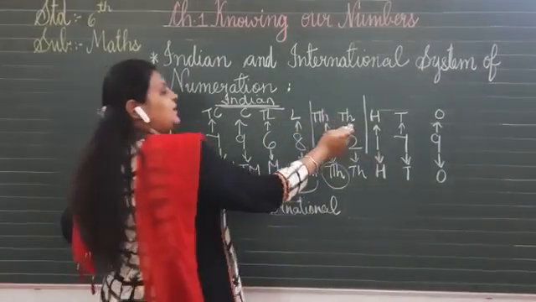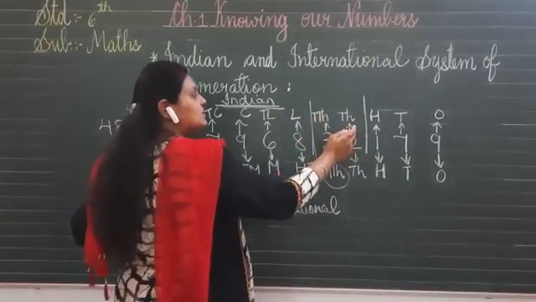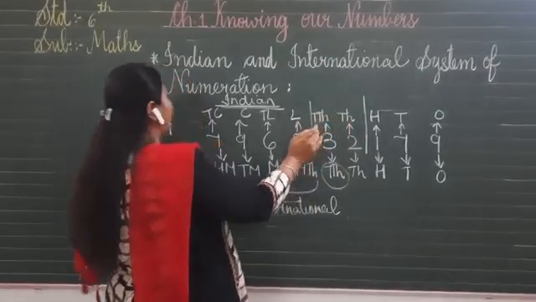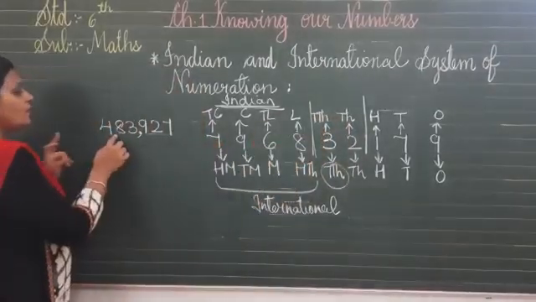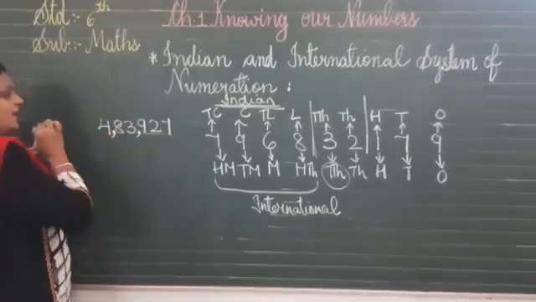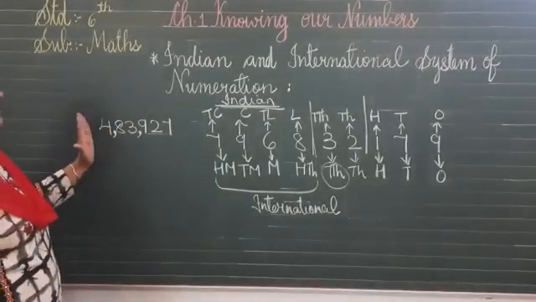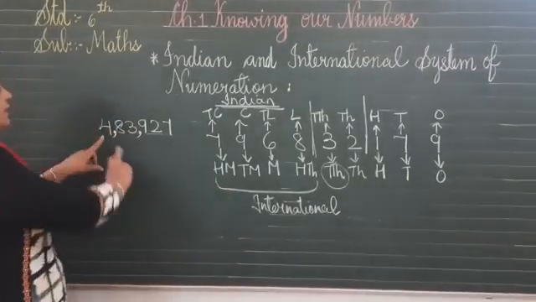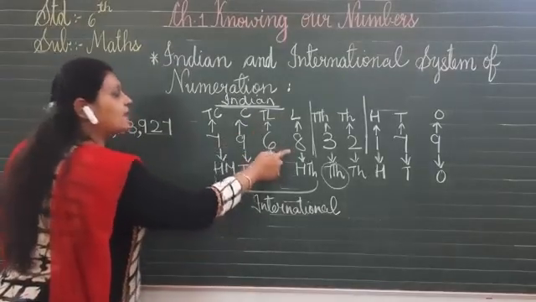Then the second period is of thousands, which includes 1000 and 10,000. We will insert the comma before 8. And then here we have only one digit, which is of lakh.